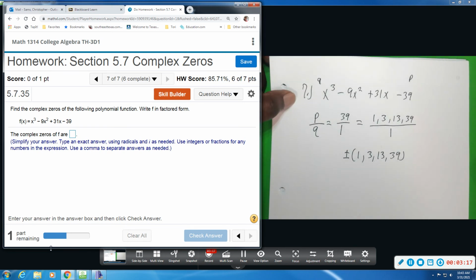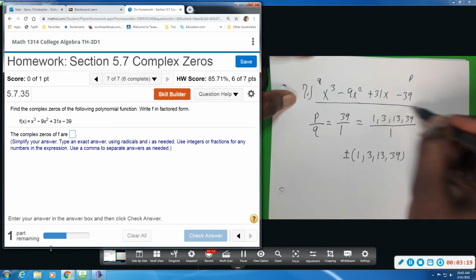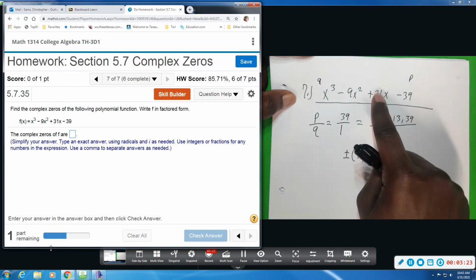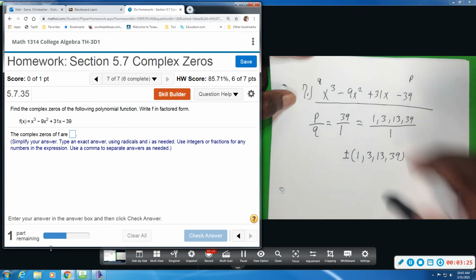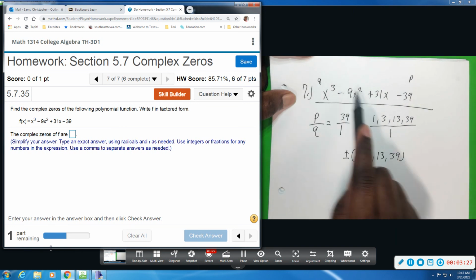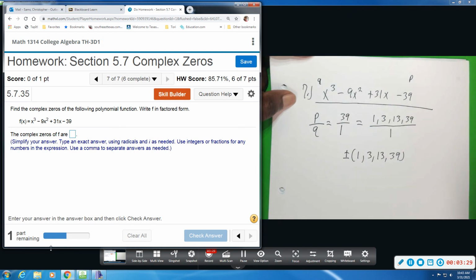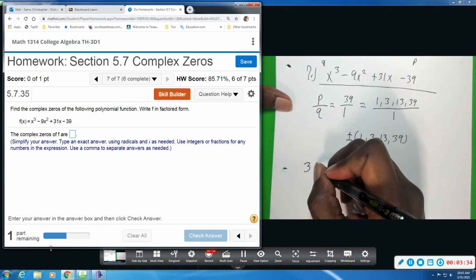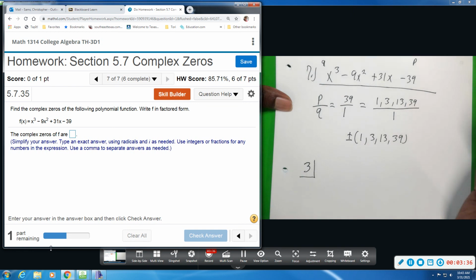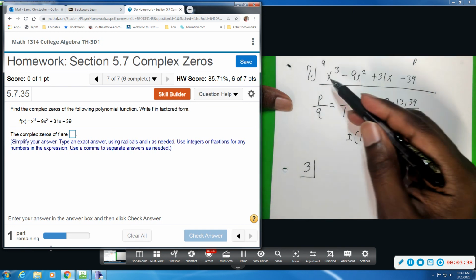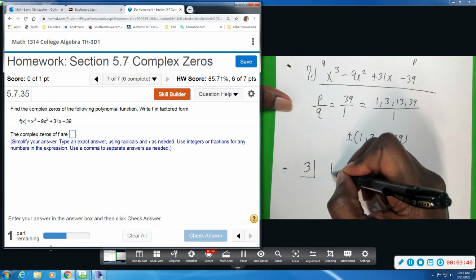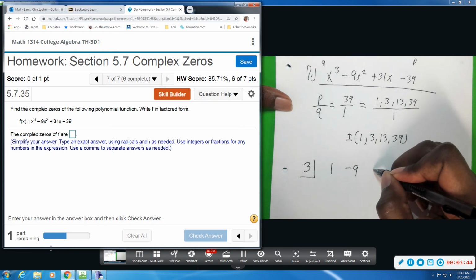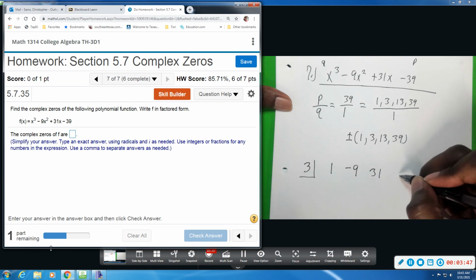So we're going to do synthetic division. We need to look at our coefficients. That would be a 1, negative 9, 31, negative 39. We do have all of our terms, 3, 2, 1, 0, so we should be good to go. So the number we're going to be trying is 3, and the coefficients would be 1, negative 9, 31, negative 39.